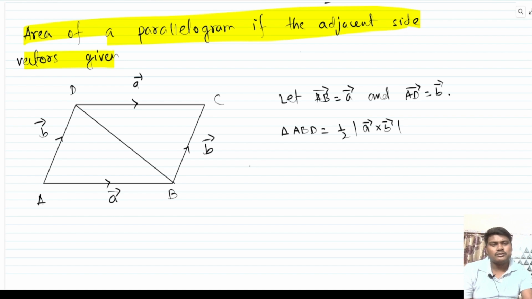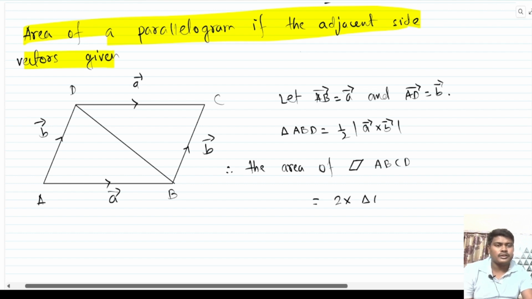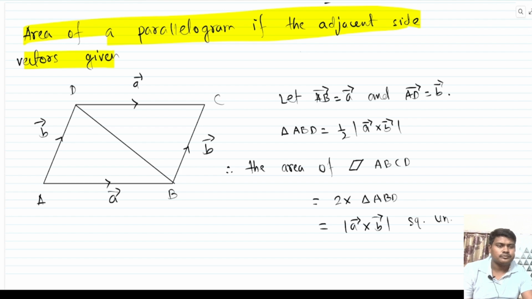Therefore the area of the parallelogram ABCD is equal to 2 into the area of the triangle ABD, that is mod of a cross b square unit. Therefore, if a vector and b vector are the adjacent side vectors of the parallelogram ABCD, then the area of the parallelogram ABCD is mod of a cross b.